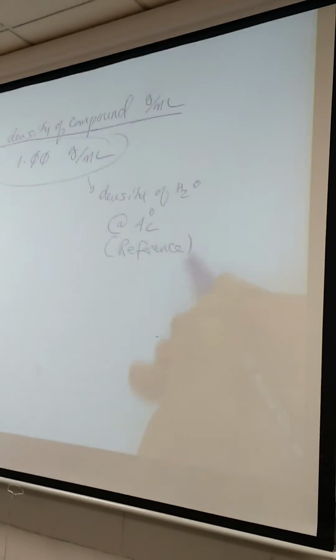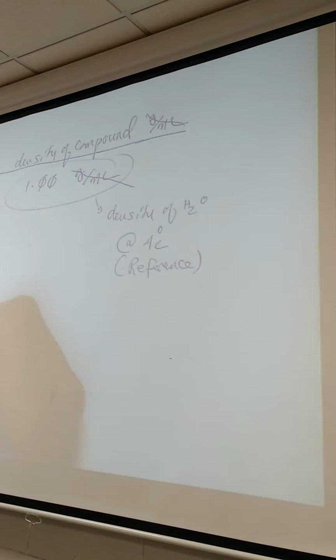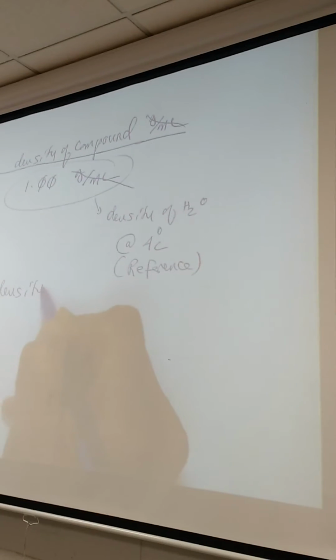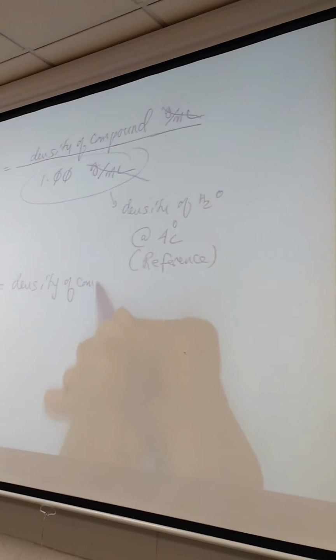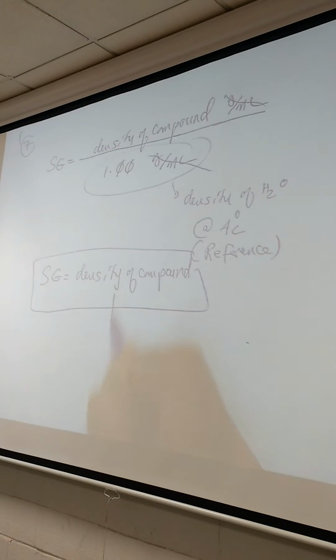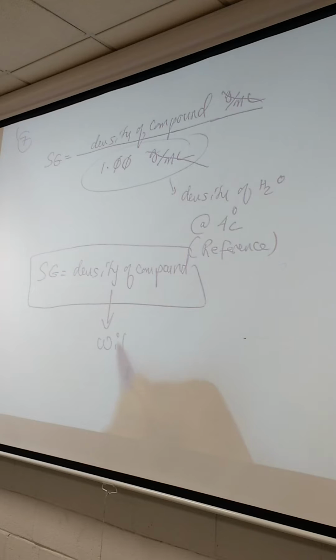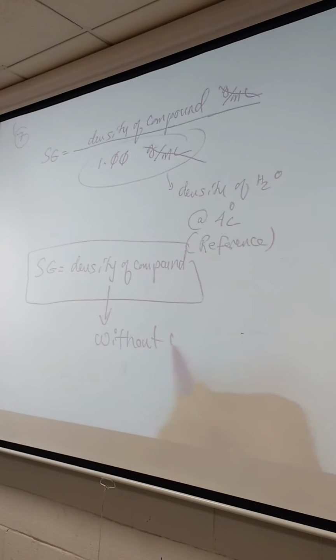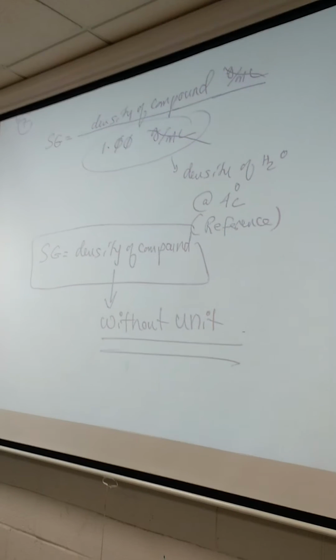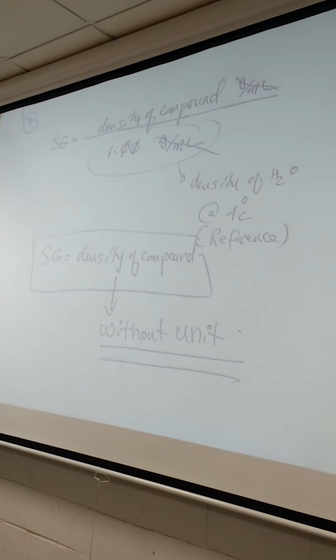So what's unique about this is the gram with the gram cancels out, and the SG is nothing less than just the density of the compound, without unit. So that's the specific gravity.